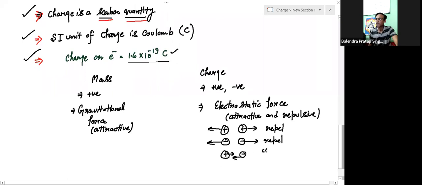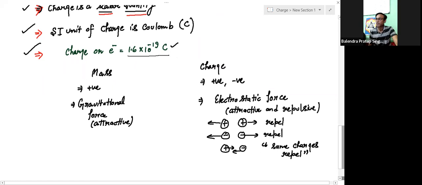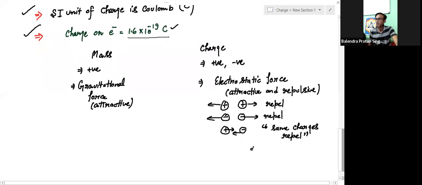So you can write: same or similar charges repel, and different charges attract. This is a small difference between mass and charge.